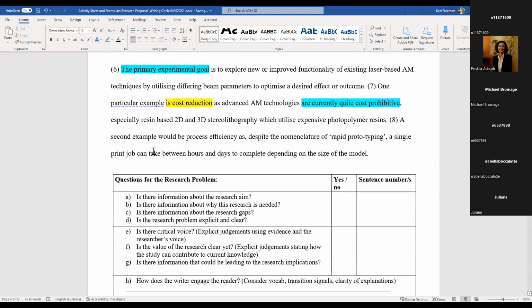Yeah. Right. So this is starting to tell us about the value as well. So that's not bad. Research aim, again, we've got yes. Why the research is needed, yes, we're getting much more into it. Research gaps, yes, which we already had. Problem explicit and clear, it's beginning to be.